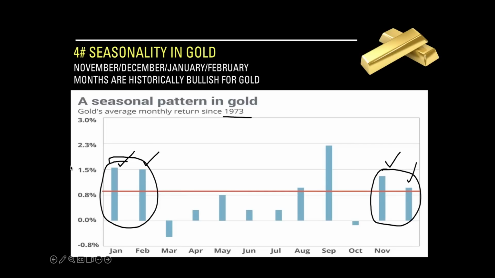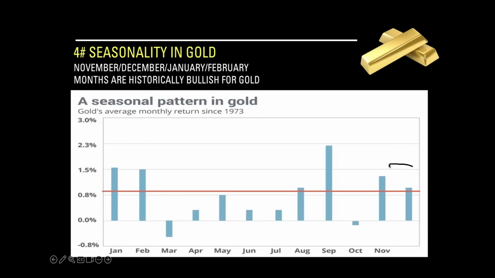So remember, this is historical, not every year, but most of the time. Buying somewhere at the beginning of November and holding till February can give you good profit, right? So now let's go to the chart and do some back testing and see whether November to February was really historically bullish for gold or not.